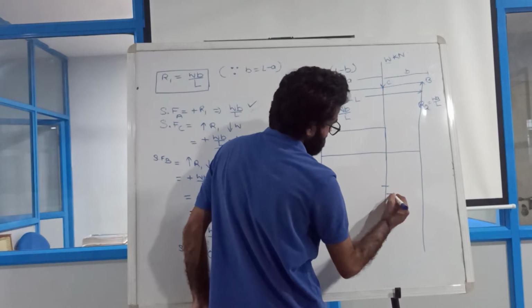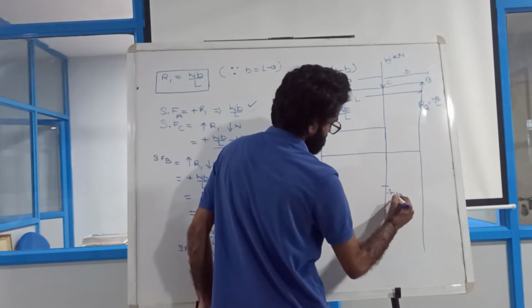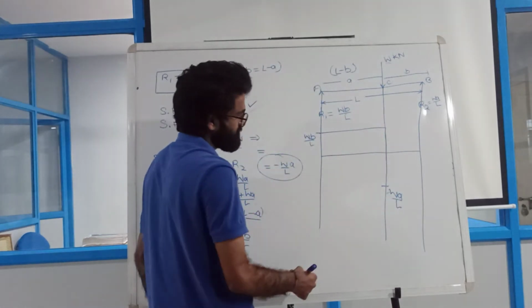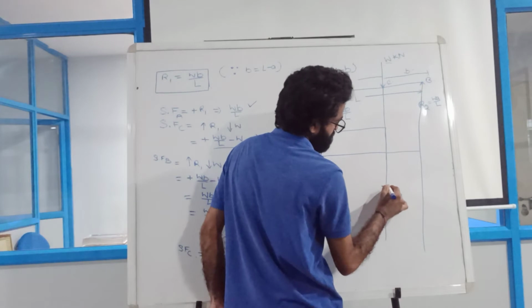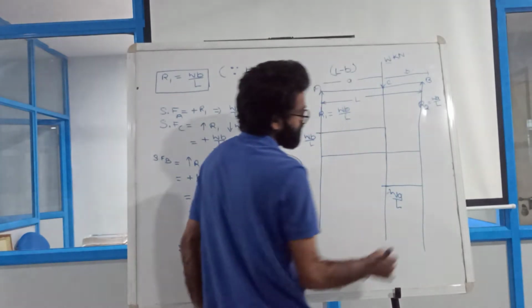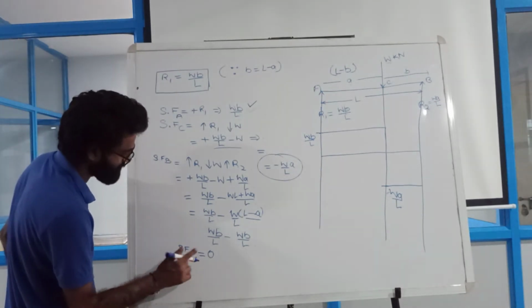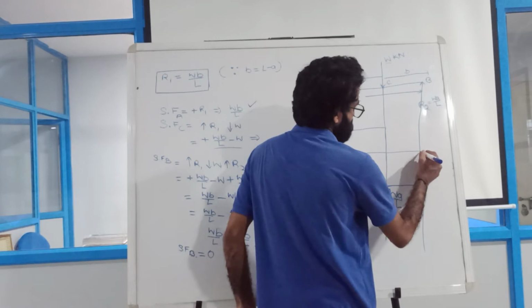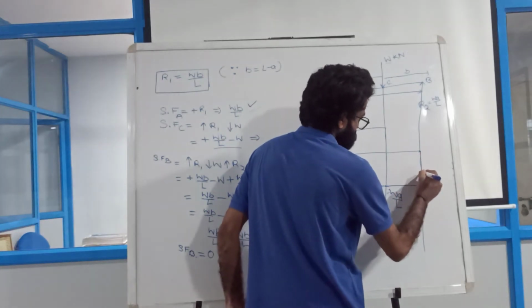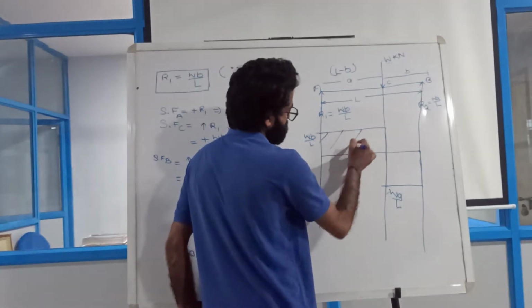It is coming negative WA by L. So that's my downward side, and again from C point to B point there is no force, so it is going to reach the B point, and at the B point the shear force is coming 0, so this will be here again 0. Okay my dear friend, so this is my shear force diagram.